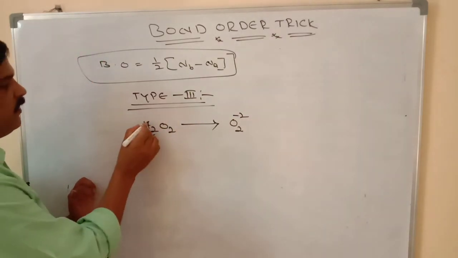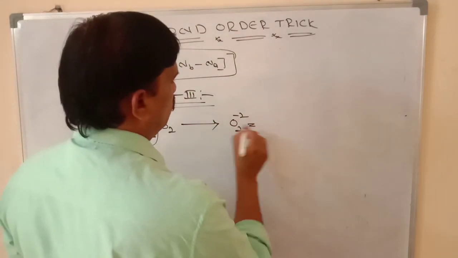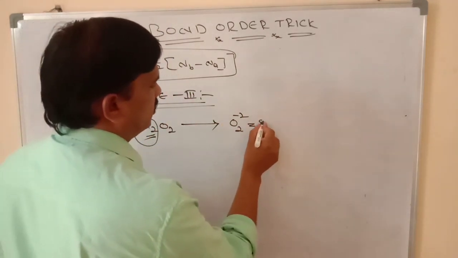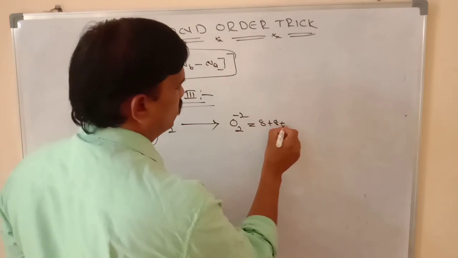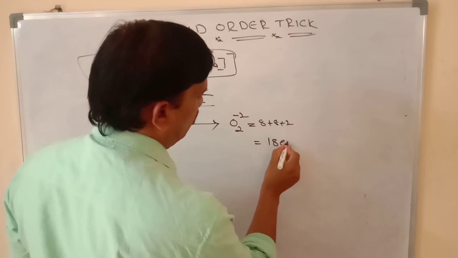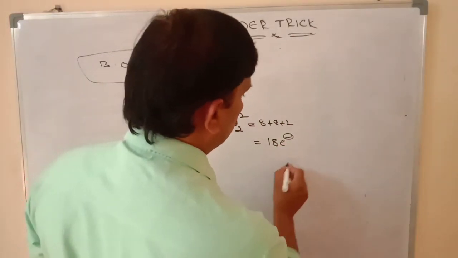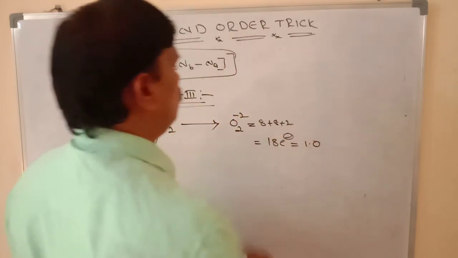For trick purposes we eliminate the hydrogens. So 8 plus 8 is 16, plus 2 is 18 electrons, which means the bond order is 1.0.